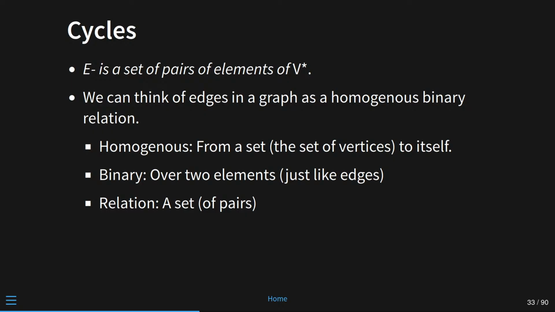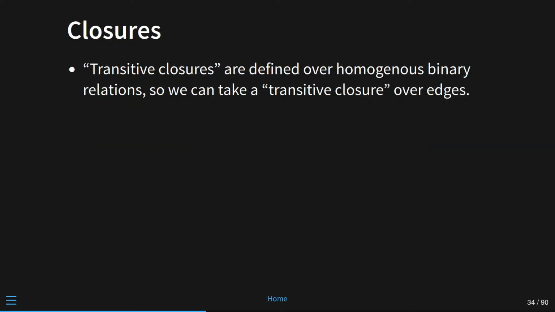This is an ordered pair of an ordered pair. This is in a set. And we can say plus is the set of all ordered pairs of additions over the natural numbers, right? We're not restricted to having a finite number of things inside our sets, so this is completely reasonable. So, why are we defining this? We're defining this because we're trying to get to the point where we can define cycles.